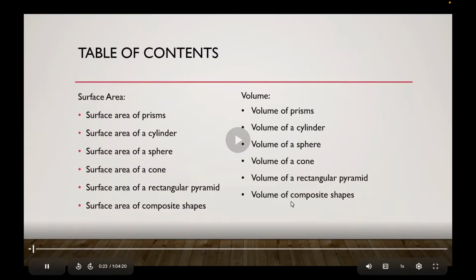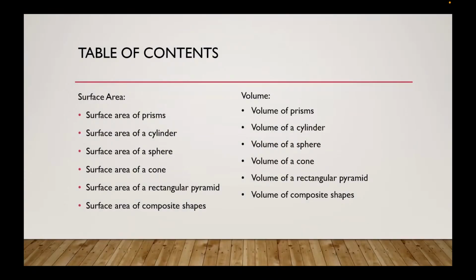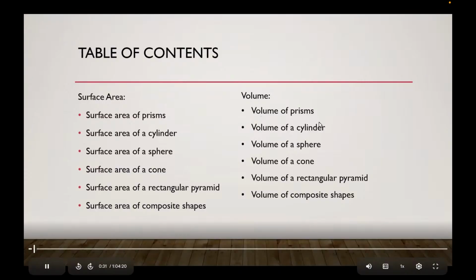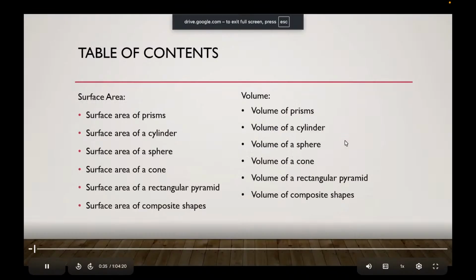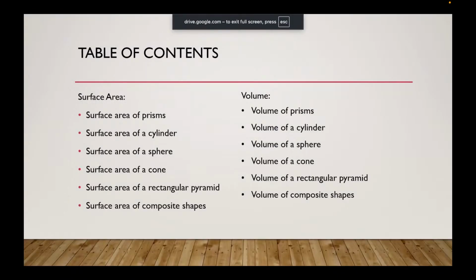Like 12. Talk about surface area and when we're speaking about volume, these are all the types of shapes that you need to learn and you need to learn well. Okay, now we have surface area of prisms, cylinders, spheres, cones and rectangular pyramids and composite shapes, and that is the exact same shapes that we need to learn when we do volume.